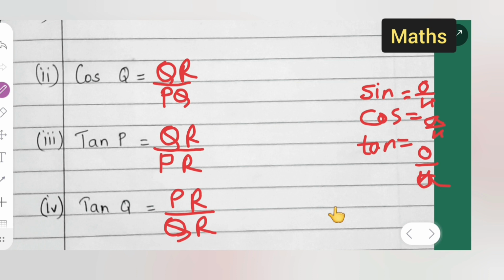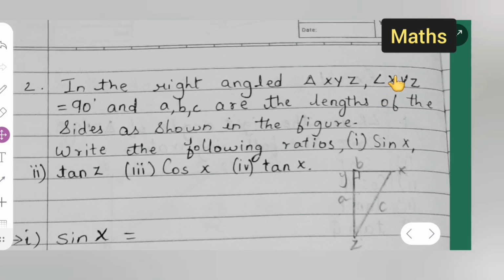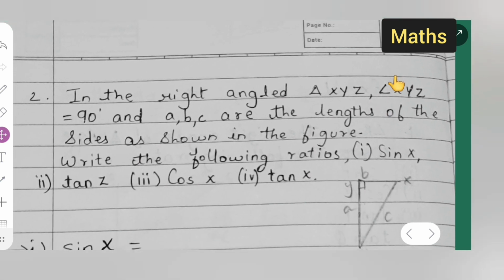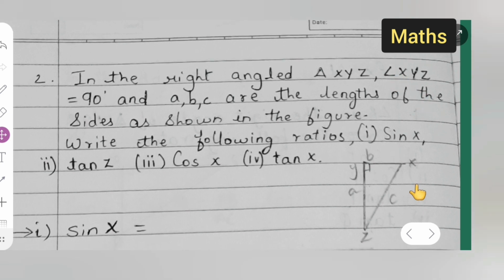Now moving towards question number 2. In the right angle triangle XYZ, this is a right triangle XYZ. Angle Y is equal to 90 degrees, right?